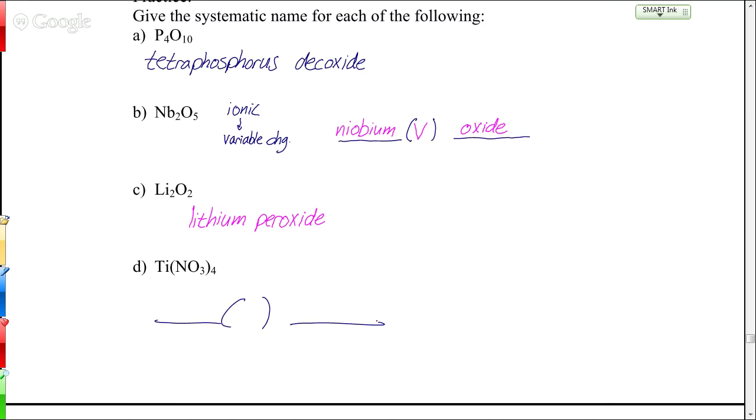So we know that this is titanium. What's the other ion? Nitrate. And then what should the charge be on titanium? 4. How'd you know? Right, nitrate ion has a -1 charge, and there's 4 of them. So that means we need a 4+ titanium to balance that out. All right, so titanium(IV) nitrate.